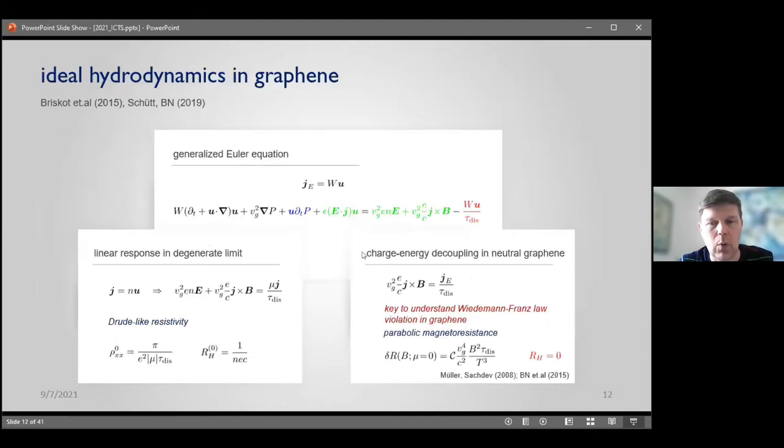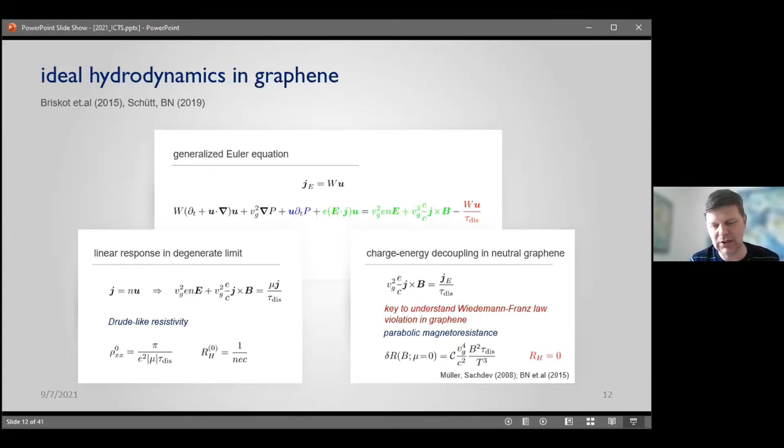Now, once we convert this continuity equation for momentum density into the Euler equation, then in graphene we will get this generalized equation where these black terms are the standard Euler equation, the green terms are coupling to electromagnetic fields, this red is the weak decay due to disorder, and this blue term is the one remnant of relativistic theory, right?